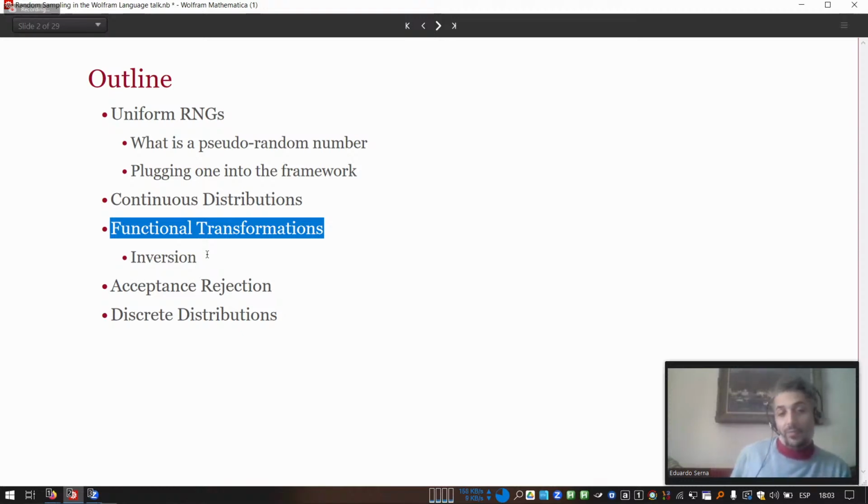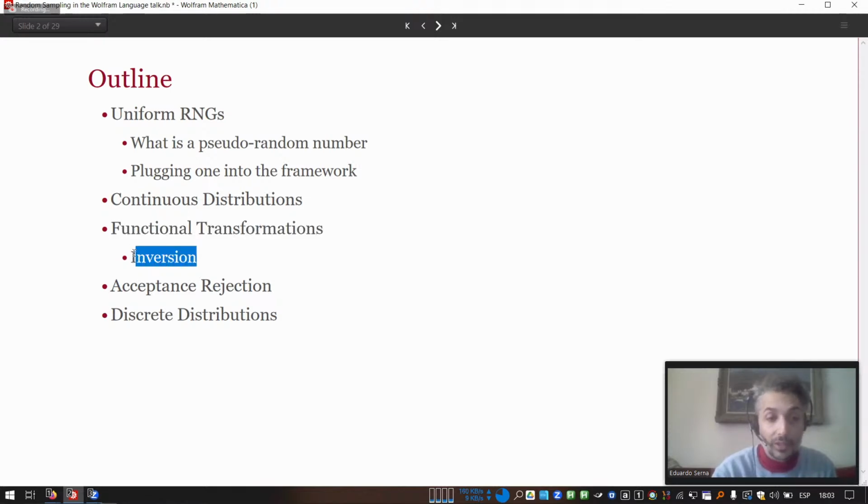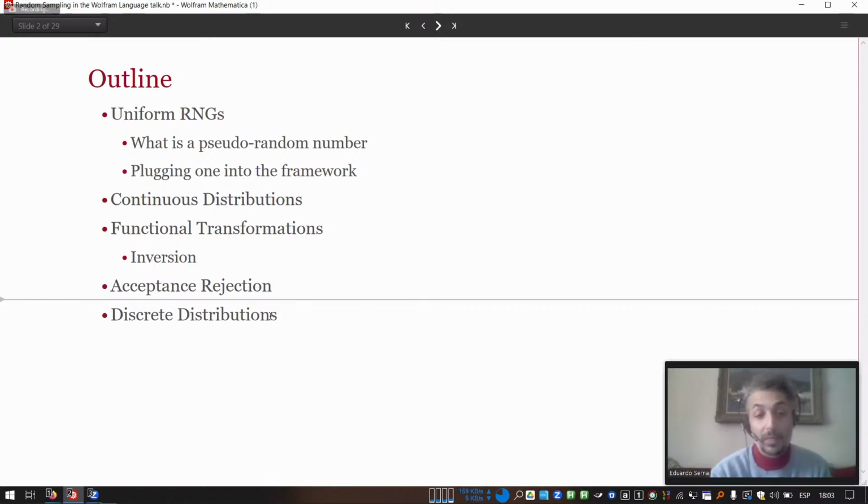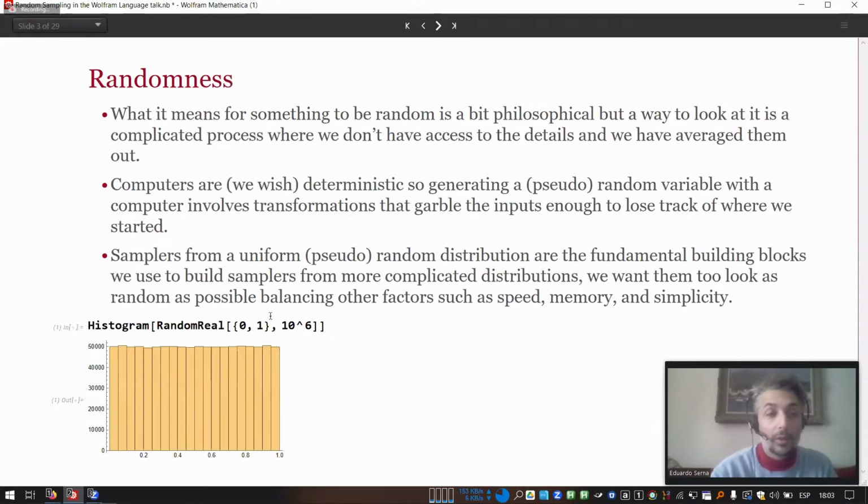I've left some very big methods out, but those are for follow-up talks. So I'll talk about functional transformations, inversion as an example of it, and acceptance-rejection. I'll use these methods to introduce how one samples from discrete distributions.